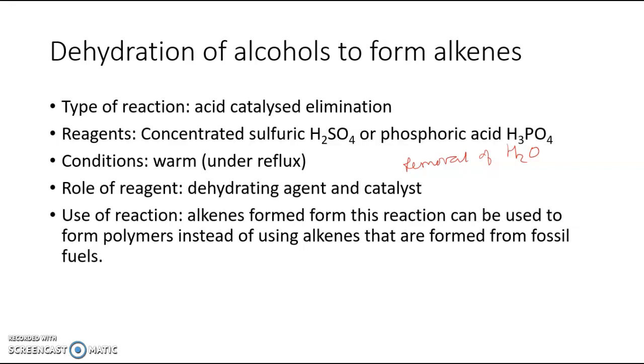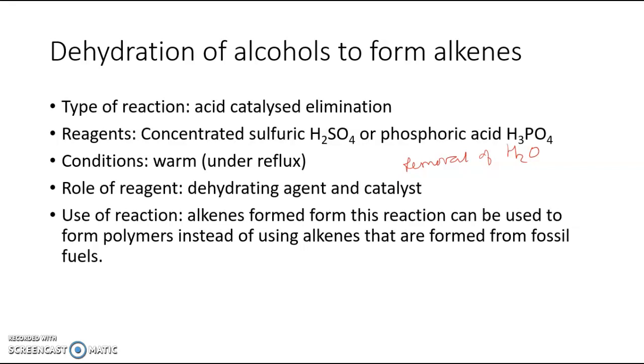It's a very interesting reaction, and it's got huge potential to save fossil fuels because we use alkenes. Now, when you dehydrate an alcohol, you're going to get an alkene, and the alkene is the feedstock to form polymers. Generally, you get alkenes from fossil fuels.